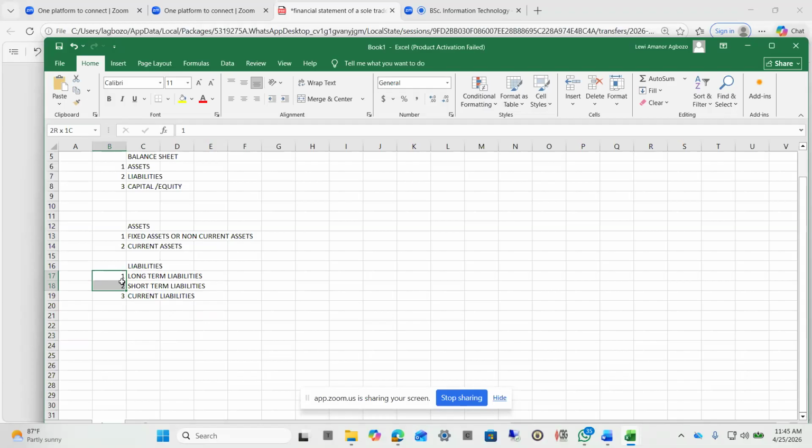We have long-term, short-term, and then the current liability. Now, I want to explain something about this one. These two are also referred to as non-current liabilities. These two.